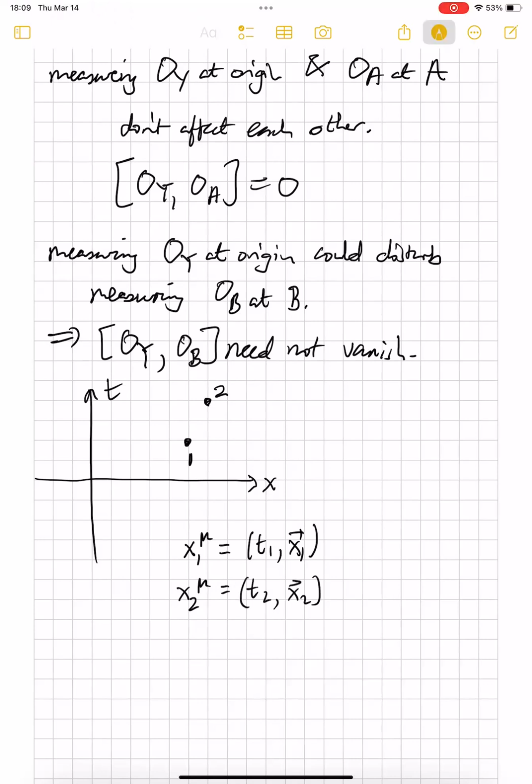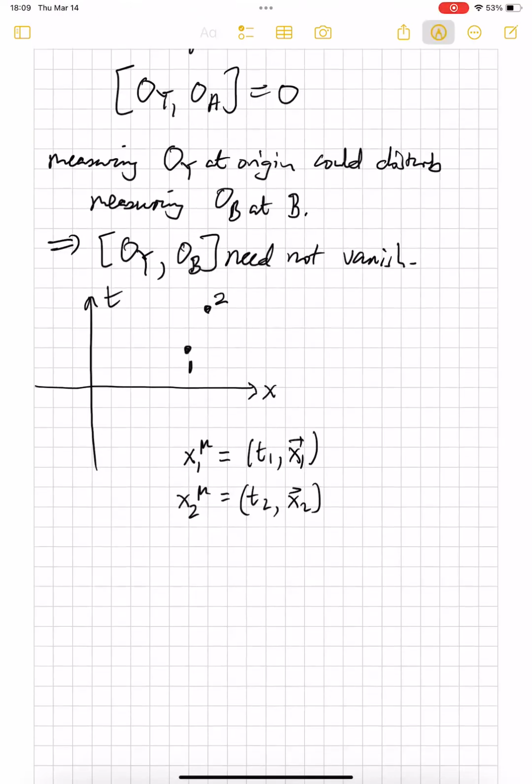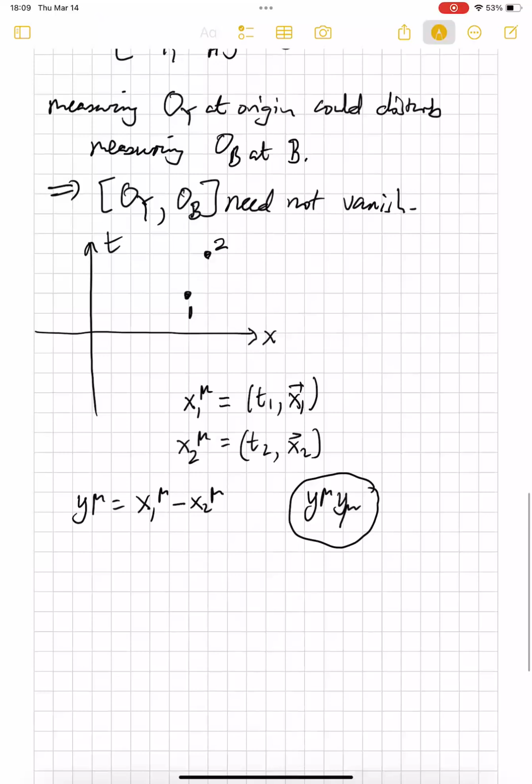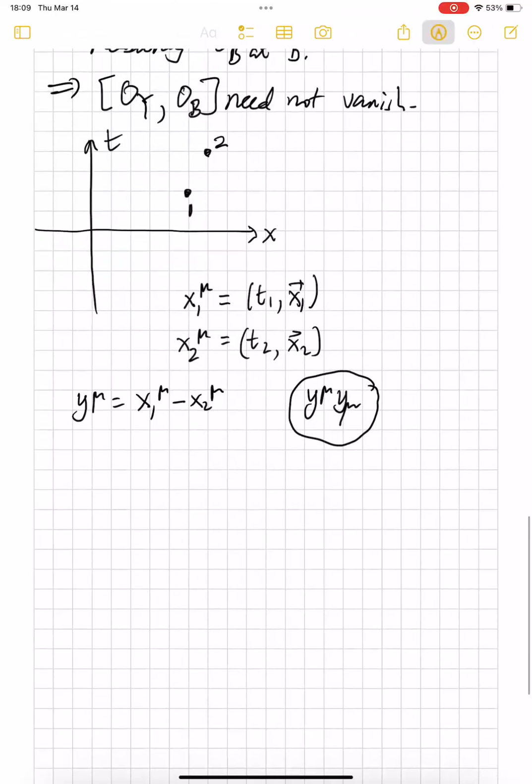And then what I'm going to do is study the vector y mu, which is the difference between x1 mu and x2 mu. And I'm going to want to get a Lorentz invariant quantity. So I'm going to take y mu and contract it with y mu. So this is the quantity that I want to study. Let's write down what that quantity is.